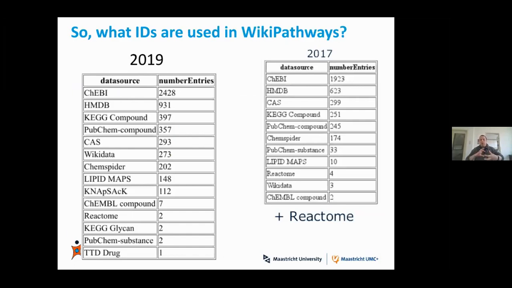Now, the problem with identifiers is that we have multiple databases, and you need to connect all that together, and to reflect some of the diversity in identifiers for small molecules in WikiPathways, you see an overview here. There's LIPID MAPS down there. There's ChEBI, HMDB, and a good number of compound identifiers.